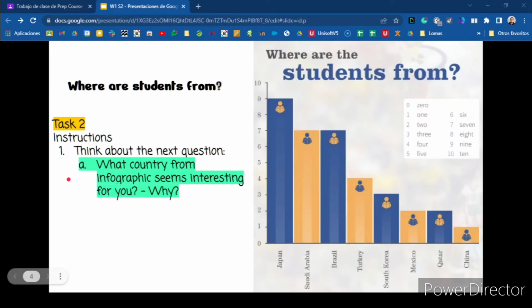Next section. Considering all this section of the infographics, the different countries that we have here, think about the following question. Only think about it. What country from the infographic seems interesting for you? And why? What can be the reasons to consider that country interesting?